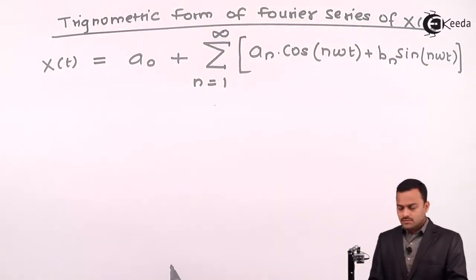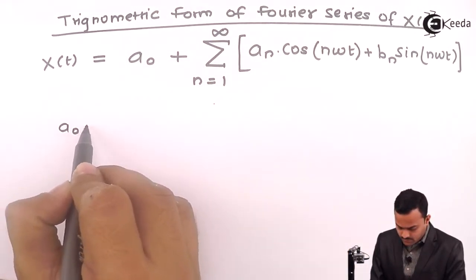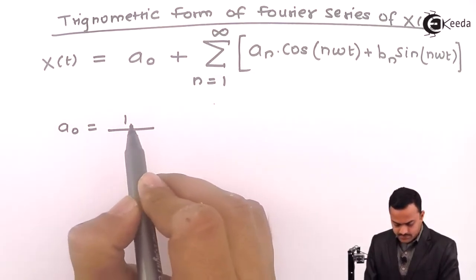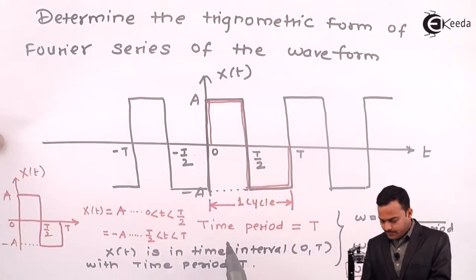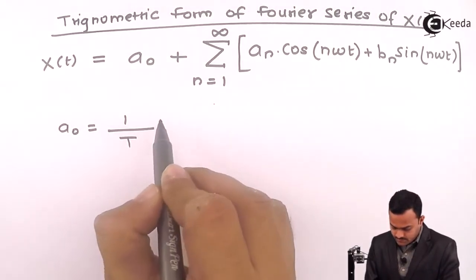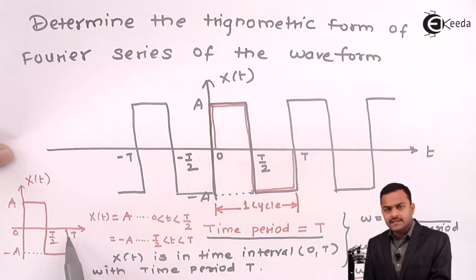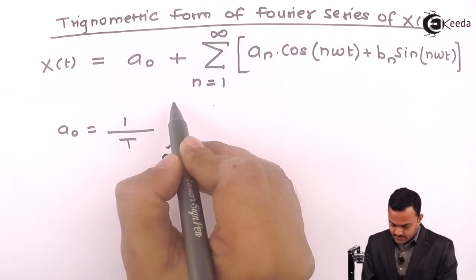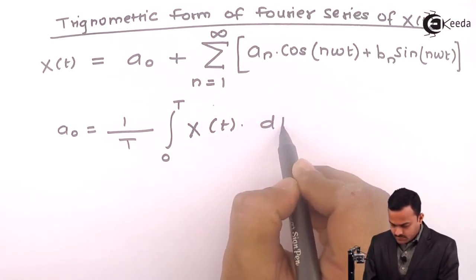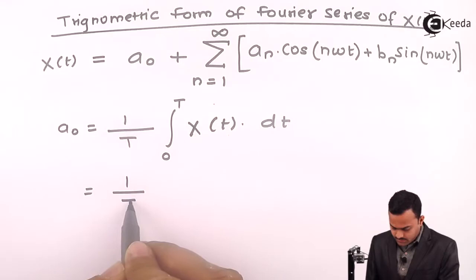So our job is to get a0, an and bn. a0 is 1 upon time period, and over here the time period is capital T, so it's 1 upon T, integral from 0 to T, since the waveform exists from 0 to T, of x of t dt.